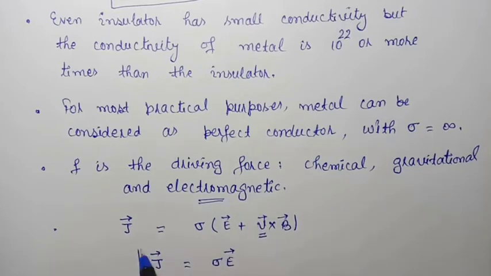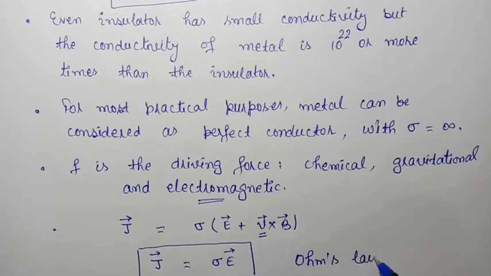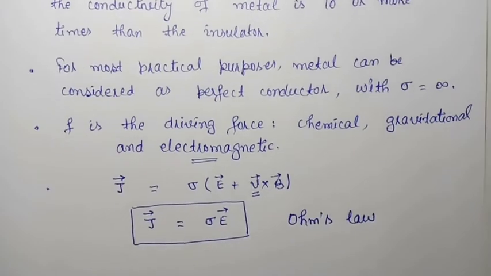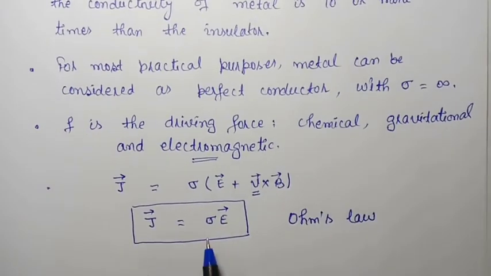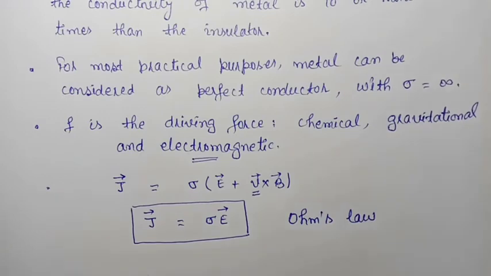So this J equals to sigma E is known as Ohm's law. So this is Ohm's law. So we can say this is a special case of equation number 1, that is where J is equal to sigma f.